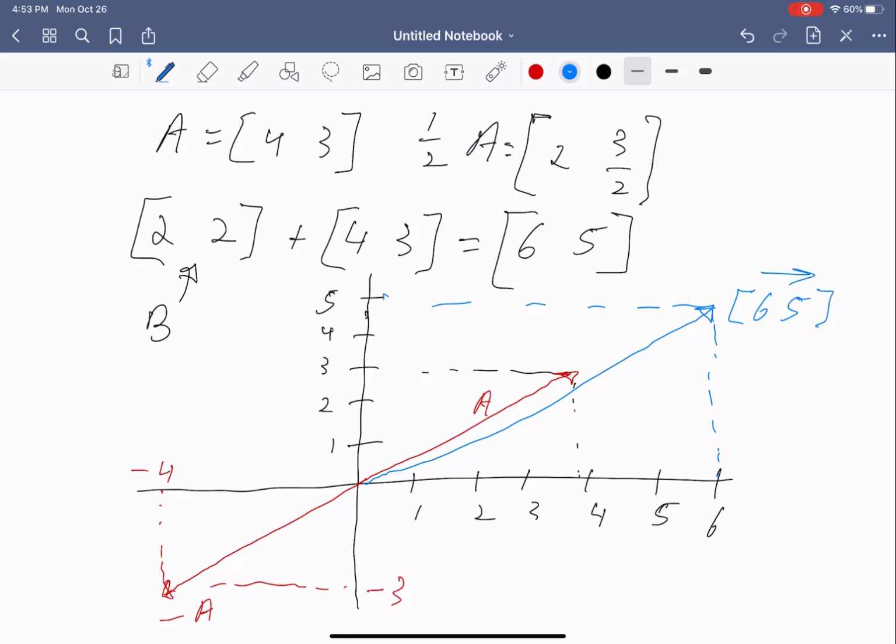So this is A equals 4, 3, the red one, and 6 and 5. And we can also add the B vector, which was 2, 2, which is somewhere in here like that.